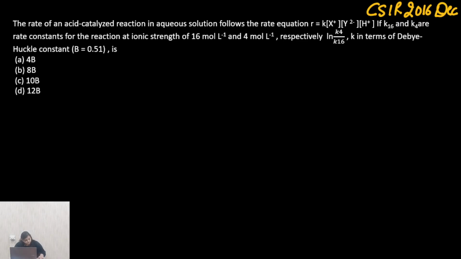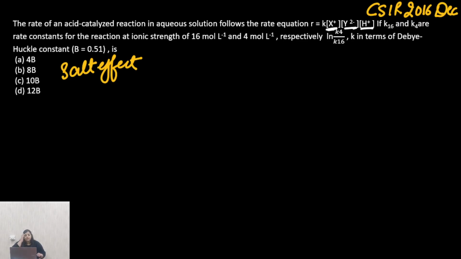Okay, so this is from your salt effect. Now here, instead of two ionic species, three ionic species are involved, which are X positive, Y2 negative and H positive.